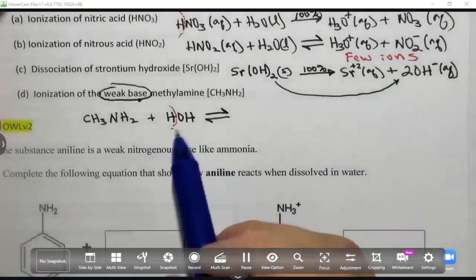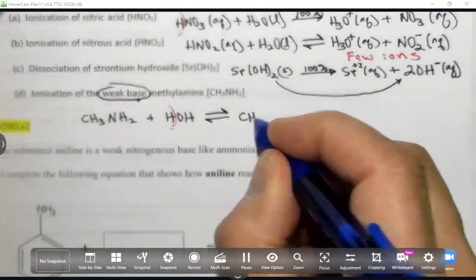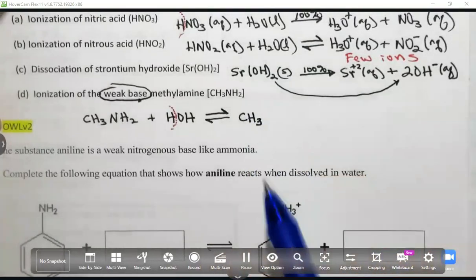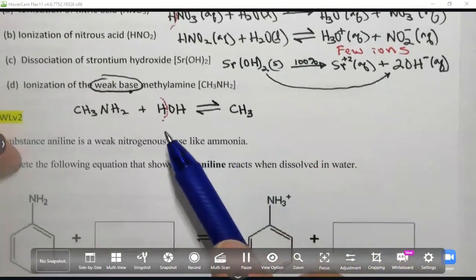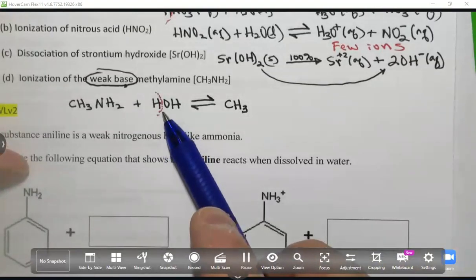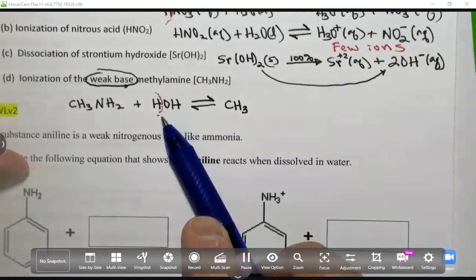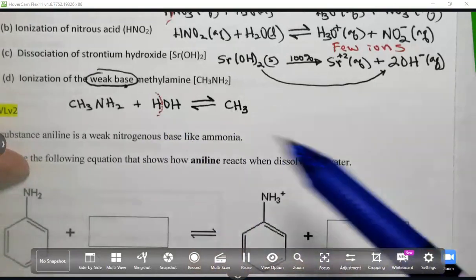That hydrogen comes off. So we get CH3. This hydrogen comes off, leaves its electron behind. The hydrogen only consists of 1 proton and 1 electron. If it leaves its electron behind, it has a plus charge.